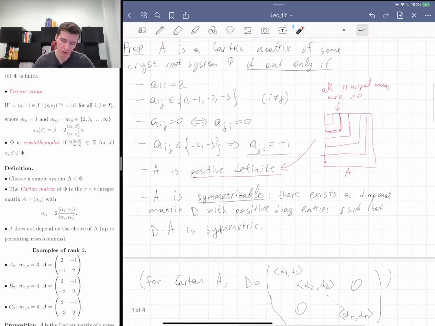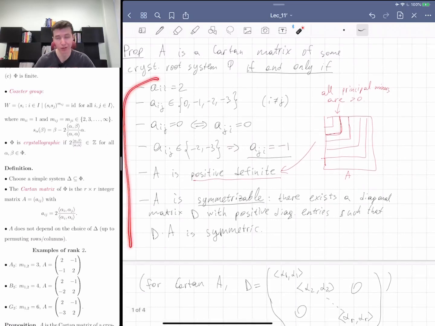Okay, so this is a number of conditions, but as we just saw, all of these are easy to see from the properties of root systems. What's hard to see is that if these properties are satisfied, then there is some crystallographic root system such that its Cartan matrix is given by this matrix A. This is a beautiful result which allows you to reduce the problem from geometry to combinatorics.